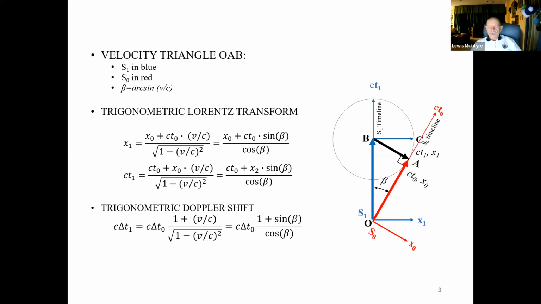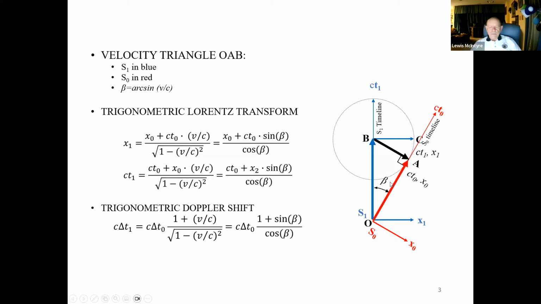For BC equal to velocity times time in S1, which is also equal to BA, this defines the difference of direction, the angle beta, between reference frames S1 and S0.